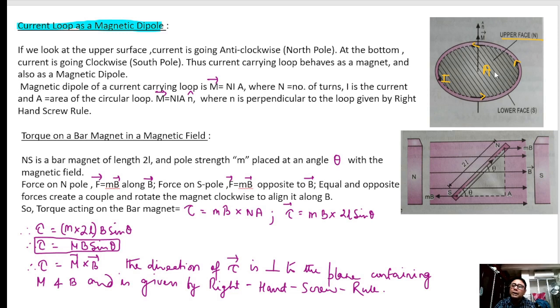If you look from the upper surface, the current is flowing anti-clockwise, which will give me a north pole. Anti-clockwise means north pole. But if you look from the bottom, the current will seem to flow clockwise, which will give you south pole. Now the upper part is north pole, the lower part is south pole. That means it behaves as a magnet and also as a magnetic dipole.